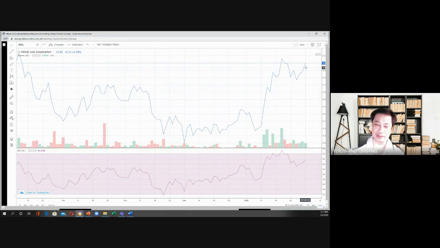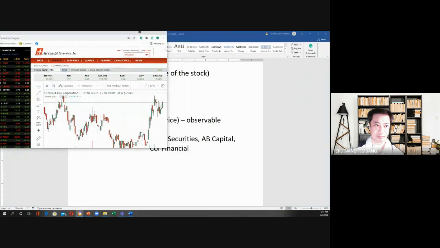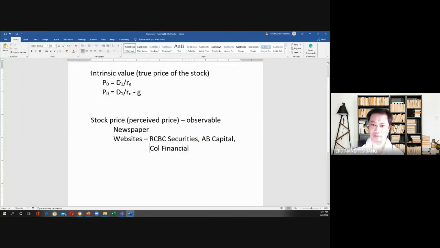And under the intrinsic value, when it comes to risk, we are also trying to compute or look at the risk. We look at the risk also as the true risk.